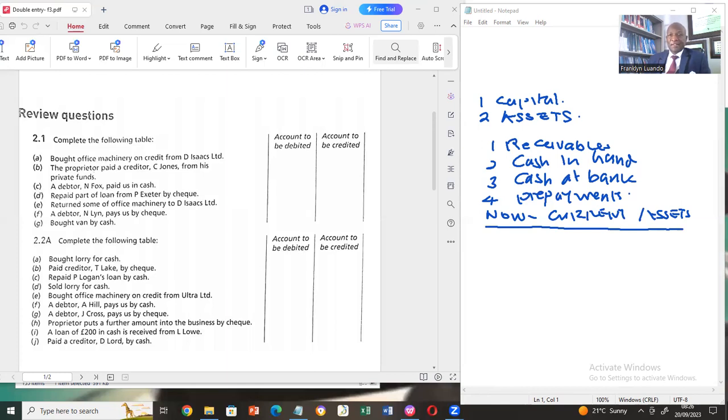And these are not meant for selling. They are meant for generation of revenue to be used on a permanent basis.